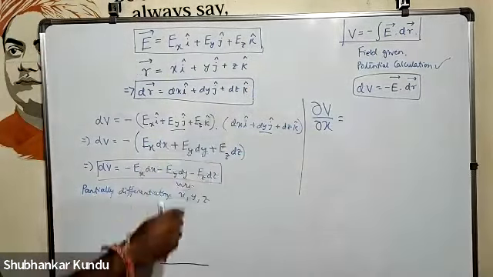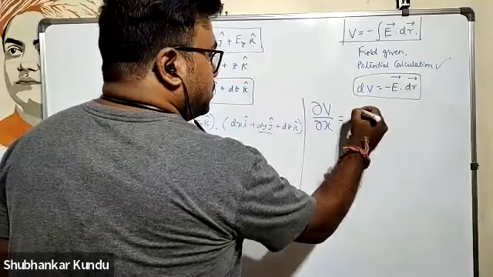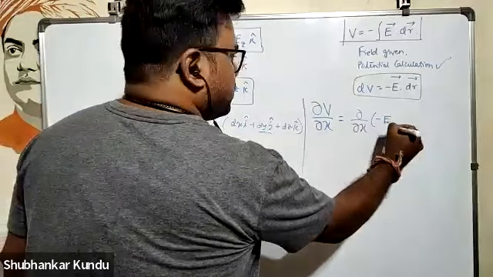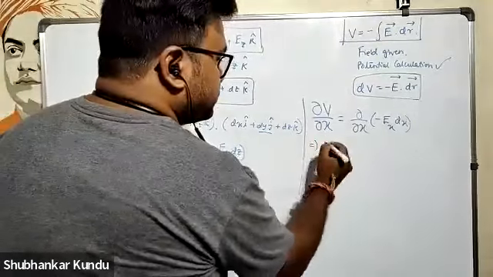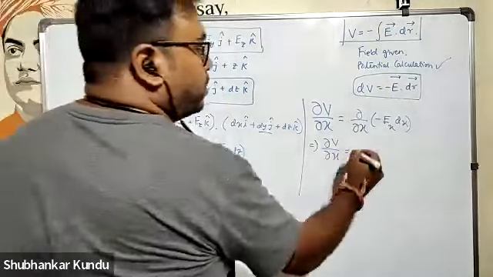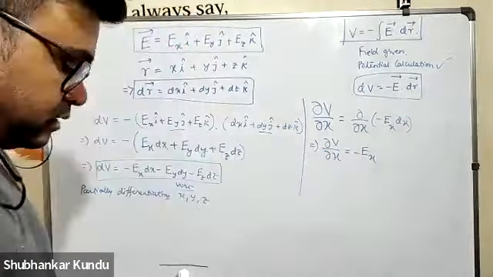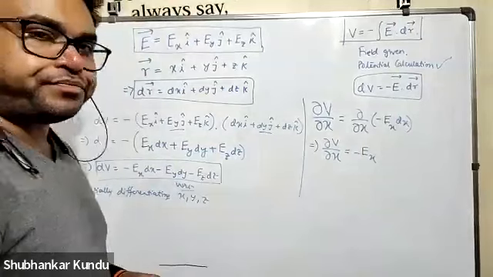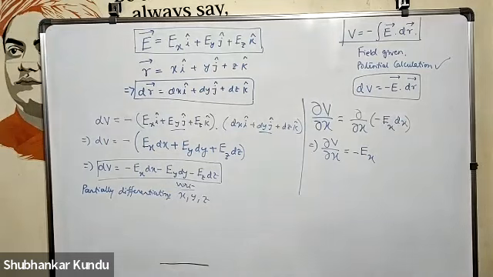So del V del x is equal to del of this. We'll have minus Ex, and dx and del x will cancel out each other. This is the way. So del V del x is equal to negative of Ex.